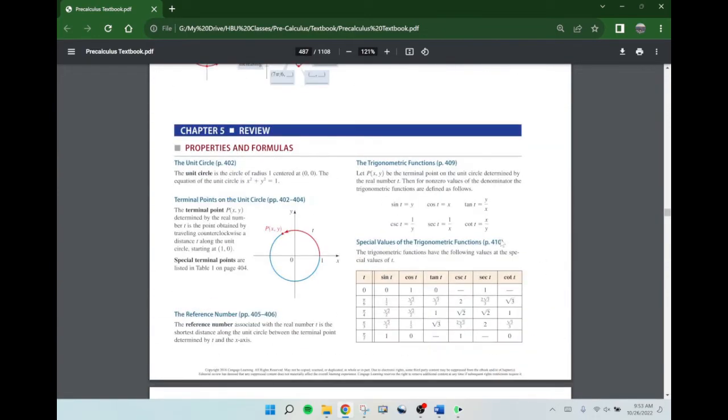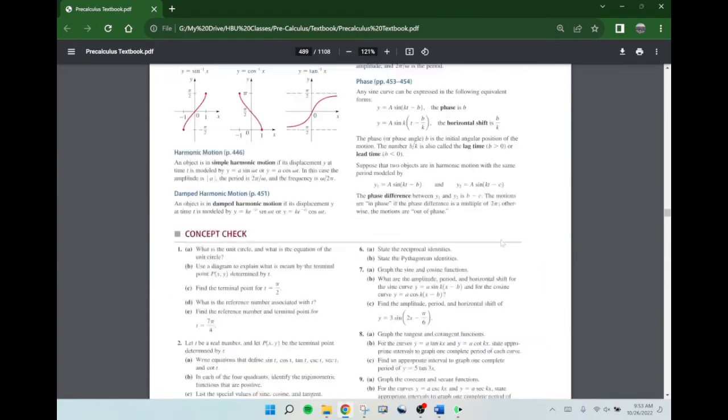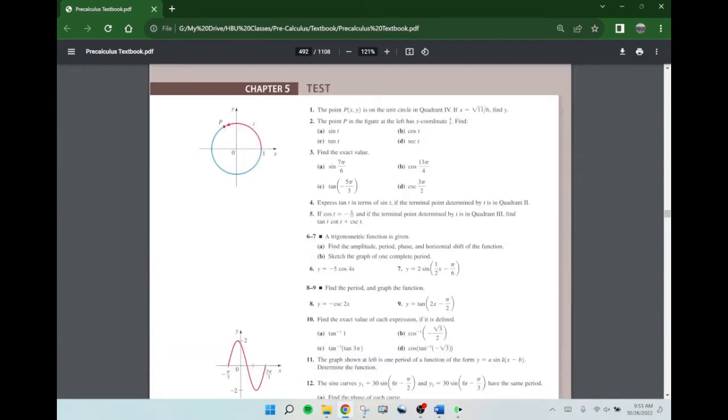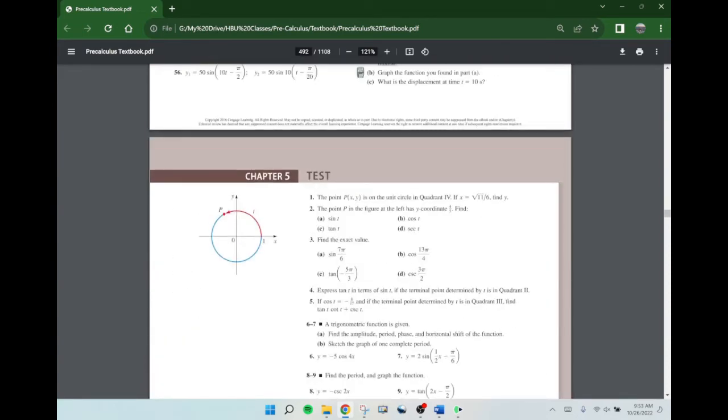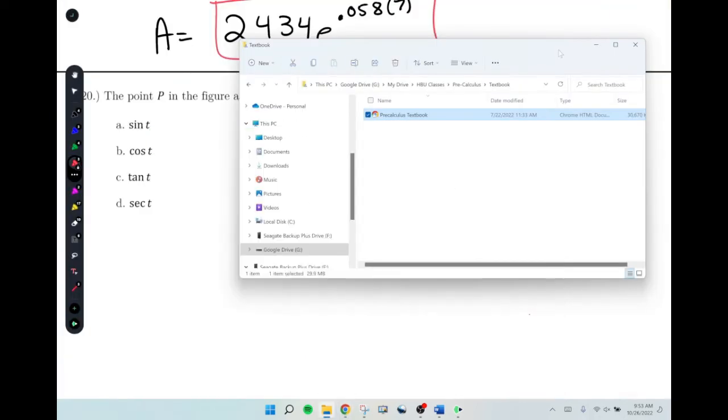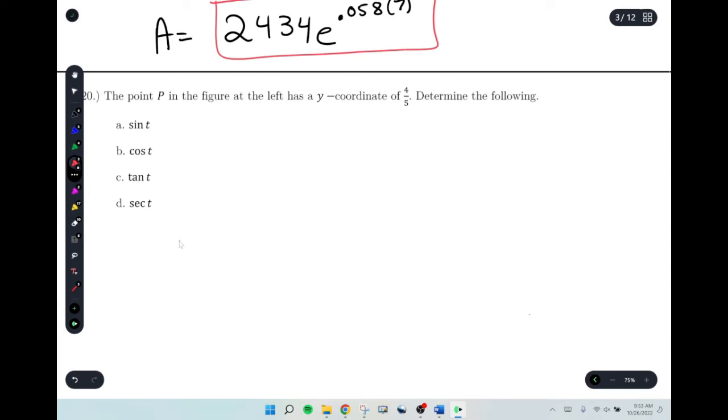There it is. Yep, there it is. The point P in the figure at the left has a y-coordinate of 4/5. Is that what it said? Oh, okay. Well, let's go for it then. I just want to make sure.